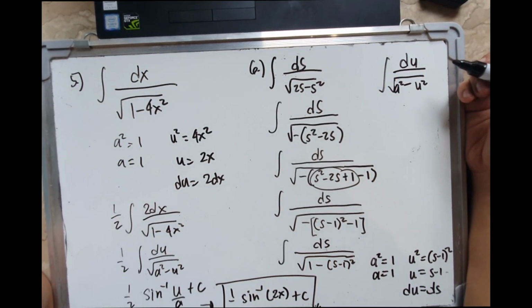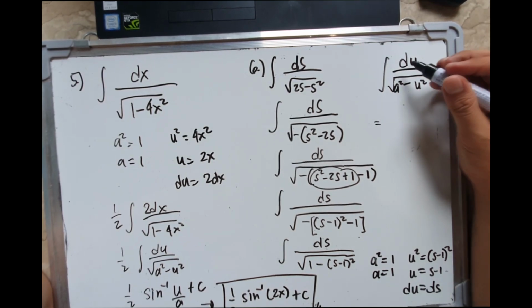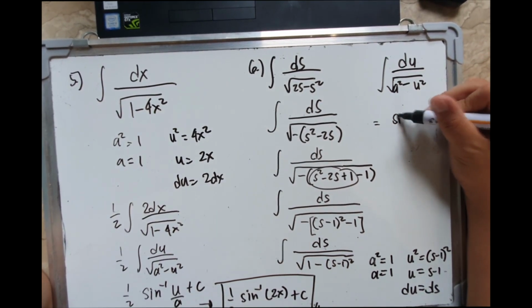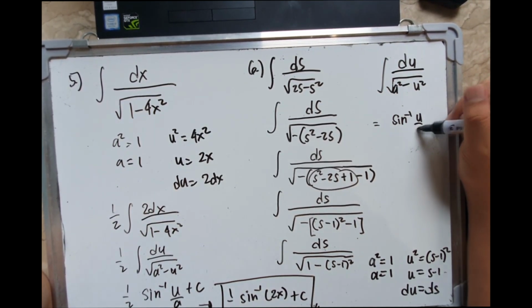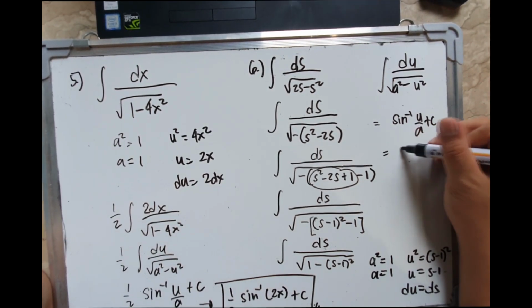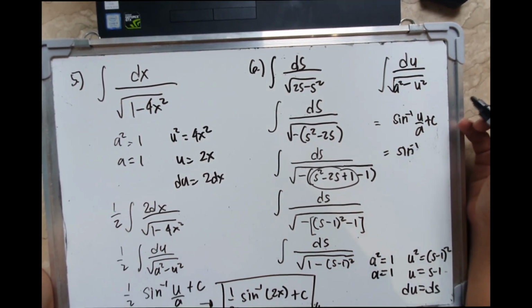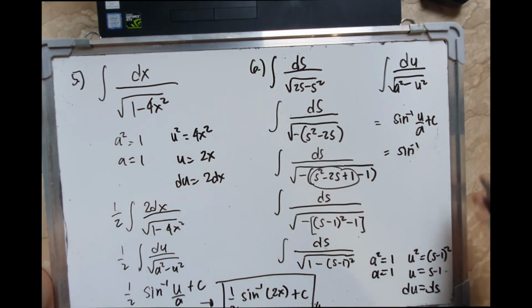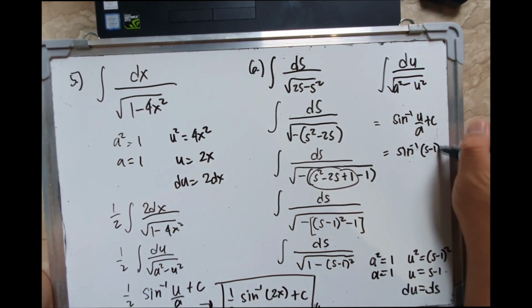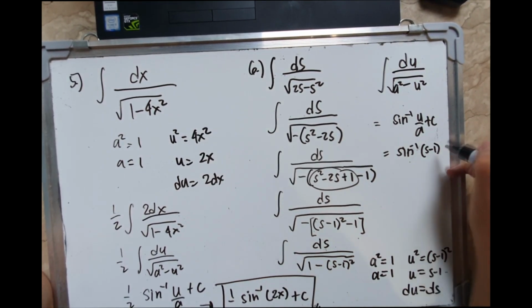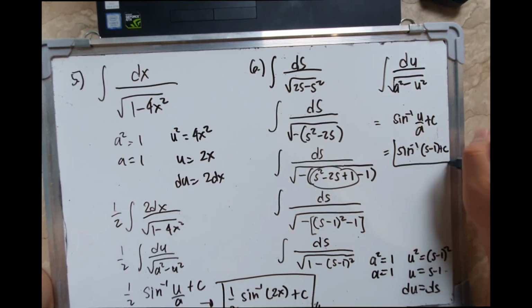The integral of du over the square root of a squared minus u squared is equivalent to the arc sine of u over a. What is our u? S minus 1. Since our a is just 1, plus c. This will be our final answer.